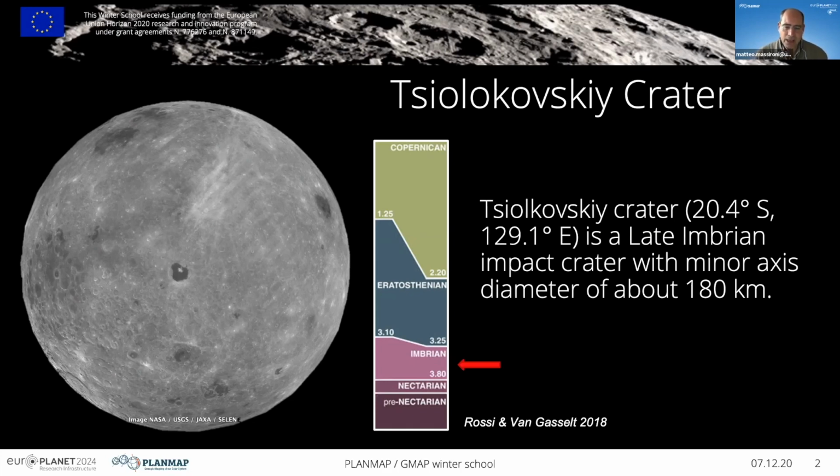of late heavy bombardment. This is the effect that Harry explained yesterday, which is a little bit debated and critical, because we don't know actually if this age of 3.8 is related or not to this big late heavy bombardment event, this important family of impactors that hit the moon at that time, because we can have effects of difficult age determination from the samples retrieved by the Apollo missions.